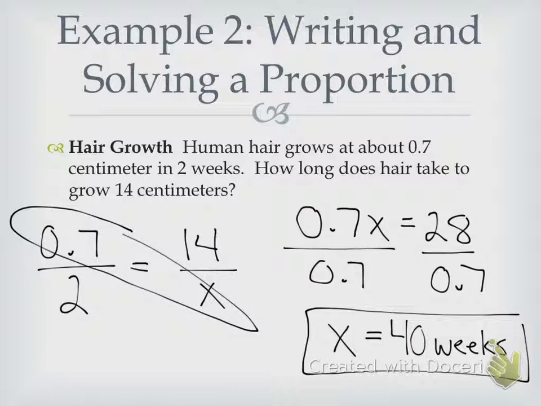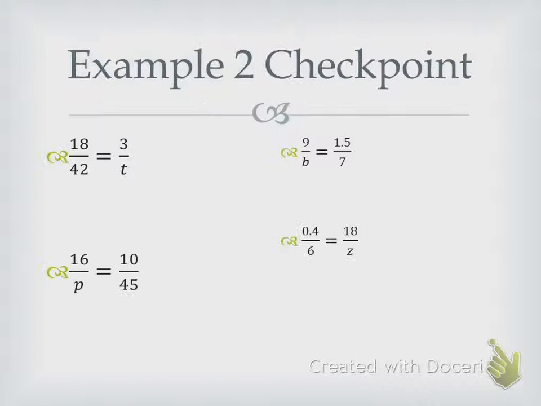Okay, so now let's look at something more like it's going to look on your homework, your quiz, and your test. You're going to see a proportion like this, and you'll just be asked to use cross products to solve the proportion. Well, 18 times t and 42 times 3. So what's 18 times t? 18t.